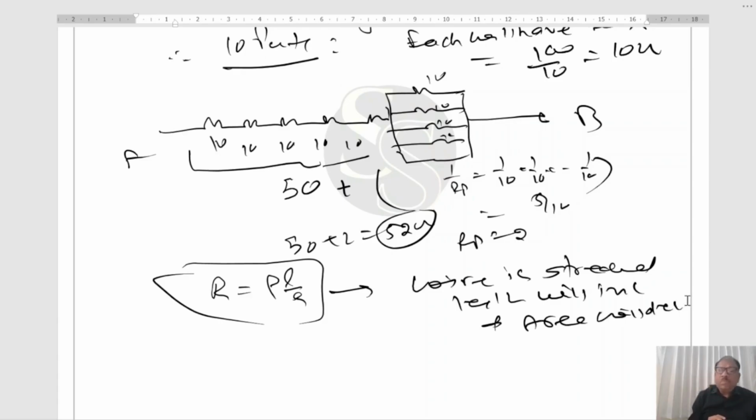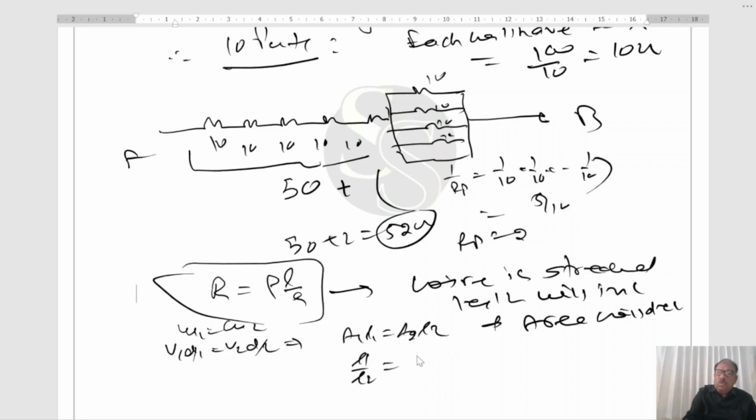Now in this case, as the wire is the same, mass will be same, that is before stretching also. Mass equal to volume into density. V1 D1 equal to V2 D2. Same material is being used. This means A1 L1 equal to A2 L2. That is L1 over L2 equal to A2 over A1.